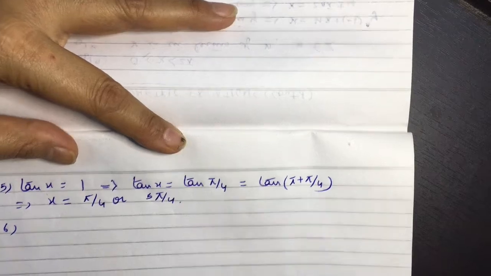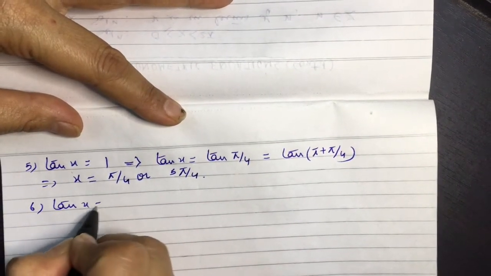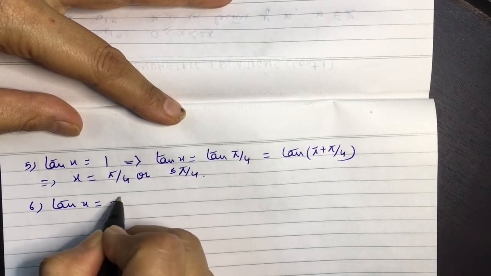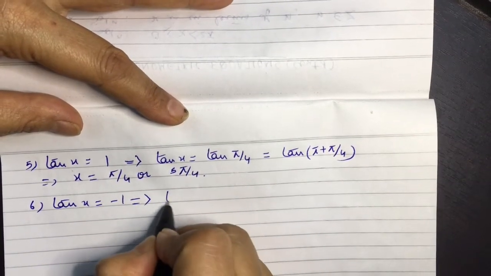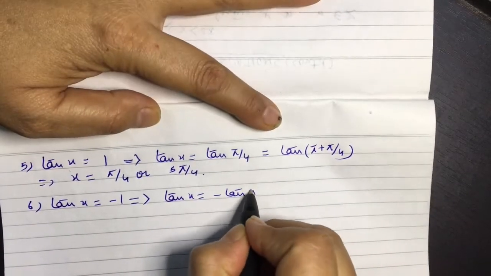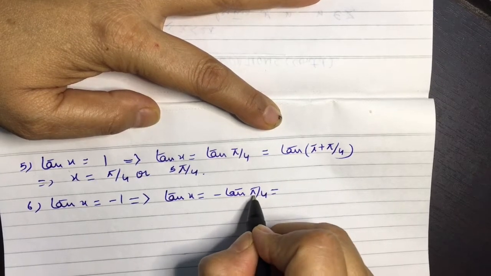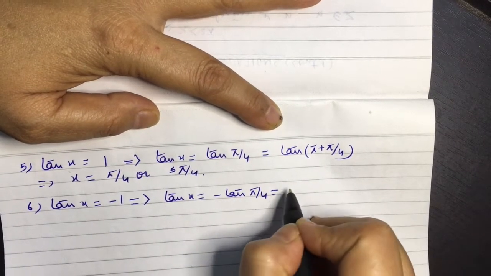Same way, if tan is negative, we could have done it in the same manner. Let me take it as minus 1. This gives us tan x equal to minus tan pi by 4. Now, we have to first absorb this minus sign. Tan is negative in the second and the fourth quadrant.